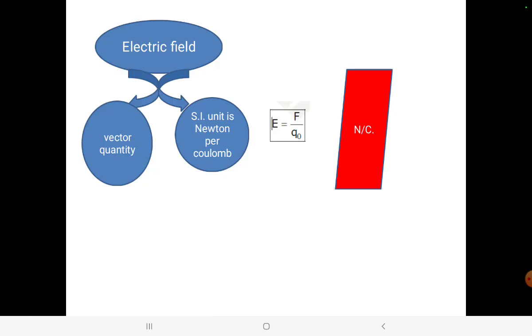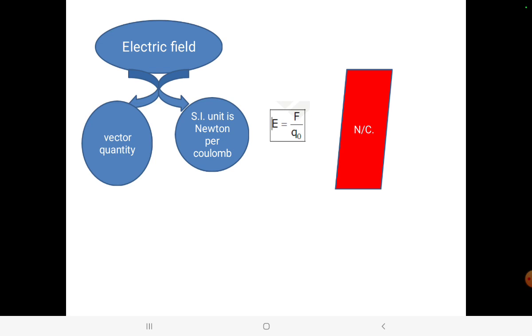Next, the electrical field is a vector quantity. We already discussed scalar quantity, which only has a magnitude, but the electrical field is a vector quantity, meaning it has both magnitude and direction. Of course it has units. The electrical field unit is Newton per coulomb.